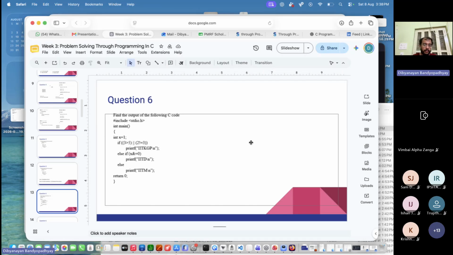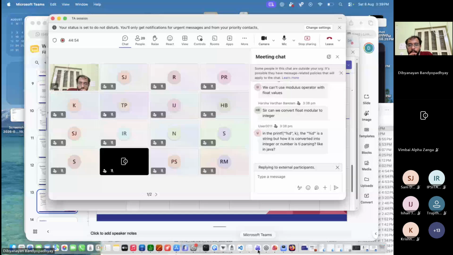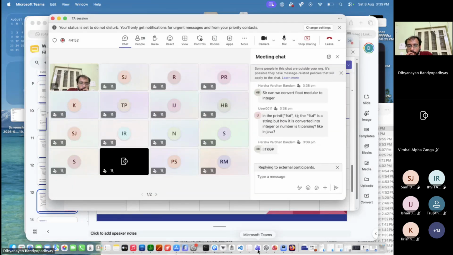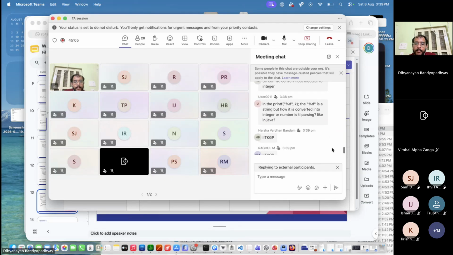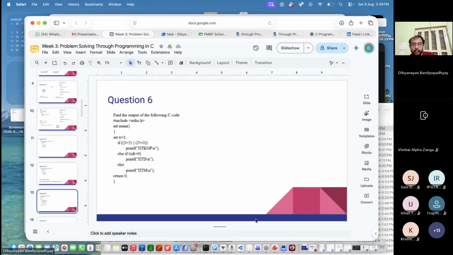Yes, so what do you think will be the output? Okay, so you see the expression inside the if, and if it is true, then it will print IIT, or it will just jump to else if it is not true.